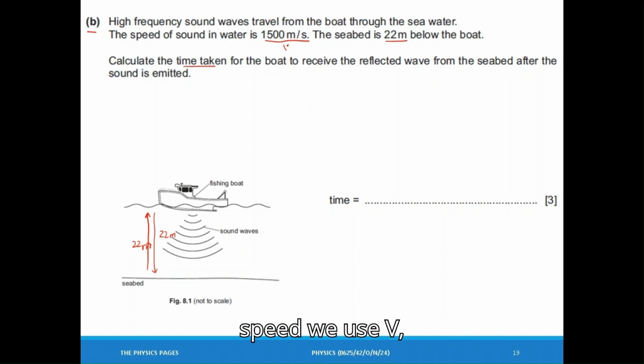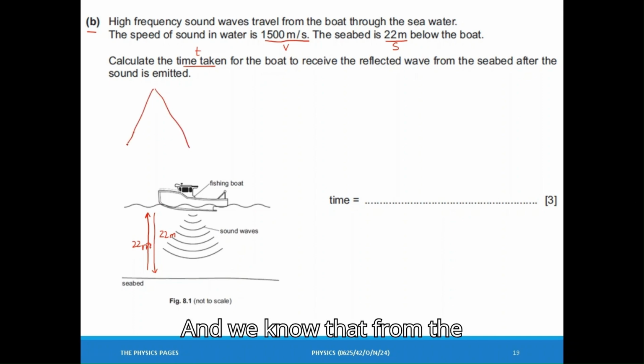We use letter v for the symbol of speed, letter s for the distance, and letter t for the time taken to cover that distance. By the definition of speed, speed v is equal to distance s divided by time t.